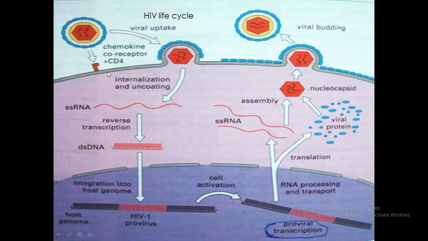The virus binds to the cell membrane, and then uncoating occurs, and then it uses the reverse transcriptase enzyme that converts the RNA to double-stranded DNA, and with the aid of the integrase enzyme, the virus enters the genome of the host.